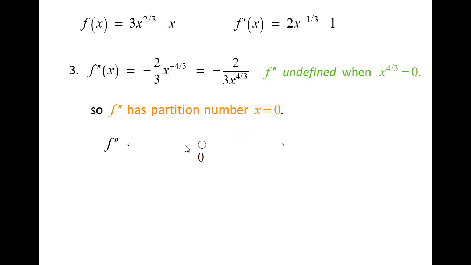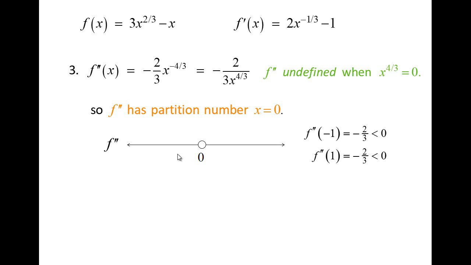So when x is negative, the denominator here is positive. Because of the negative here, on the left of 0, f double prime would be negative. On the right of 0, f double prime would be negative as well. So f double prime of negative 1 is negative, and f double prime of 1, for example, is also negative.